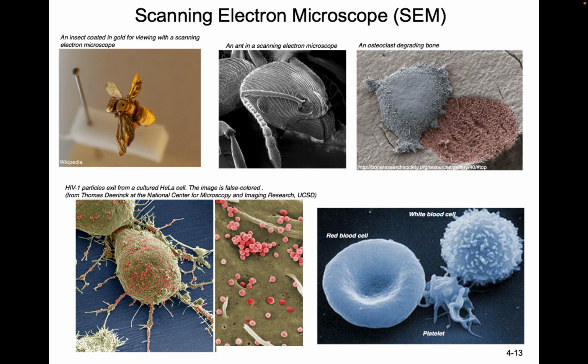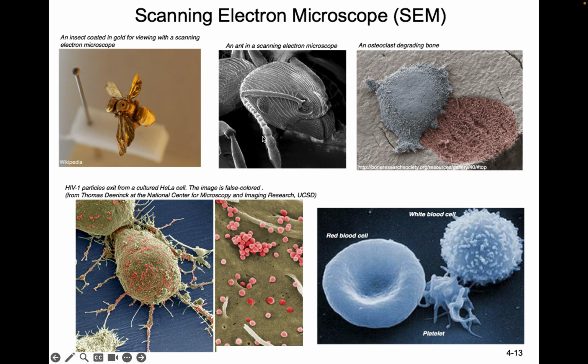You're just going to scan it, and because it's covered in gold, these electrons will bounce off or brush off the B, and what you then measure is the brushing off of these electrons, and these give you very nice resolution about the structures. So this is, for example, the B.